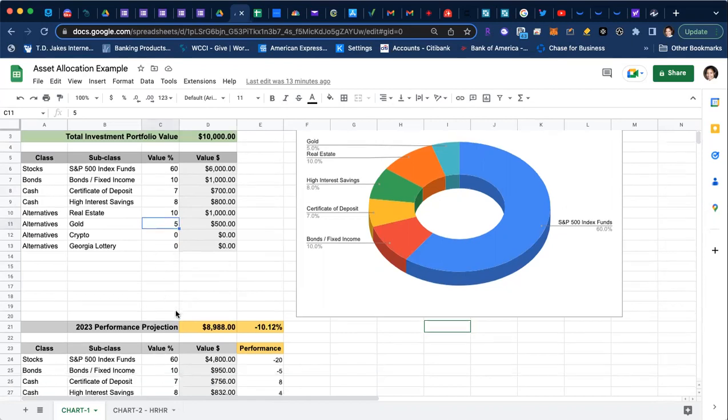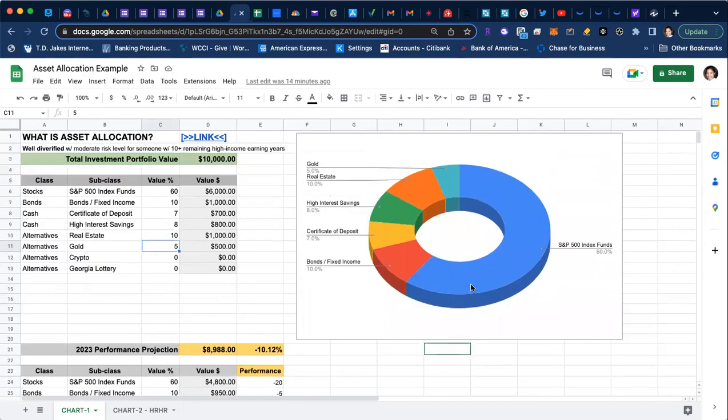Below this, I give a pictorial of this so that you can see the idea: a moderately risked portfolio would have the majority of the portfolio, in this case 60%, invested in something that was not too conservative, but on the other extreme, not too aggressive or risky, but somewhere in the middle.